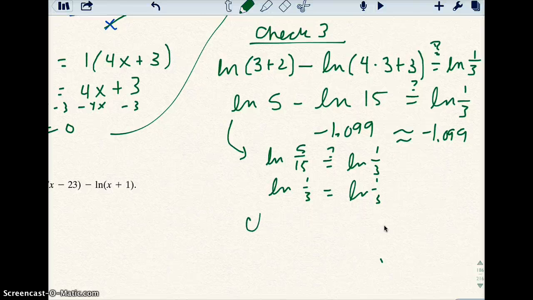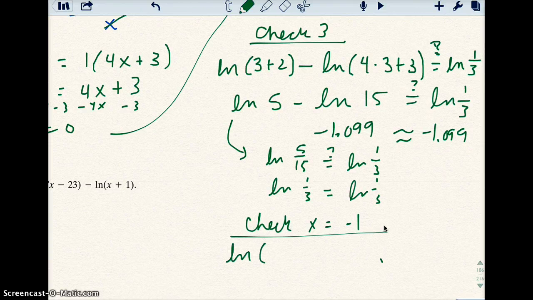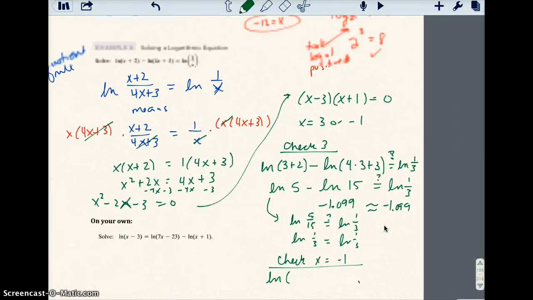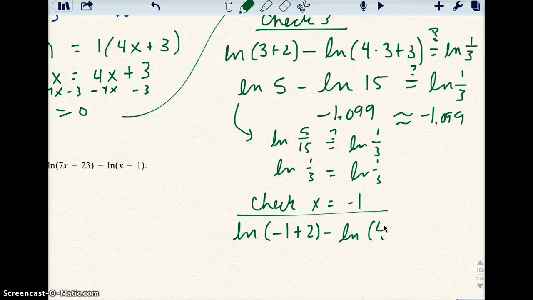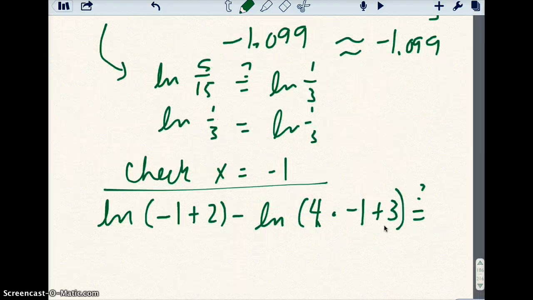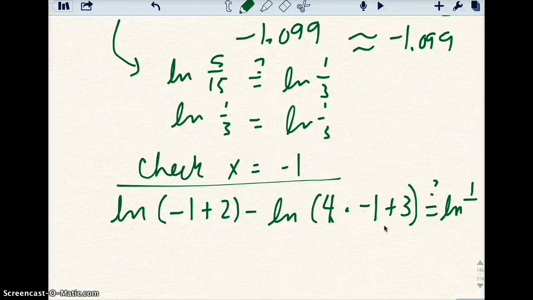So check x equals negative 1. The natural log of negative 1 plus 2 minus the natural log of 4 times negative 1 plus 3. Does that equal the natural log of 1 over negative 1?